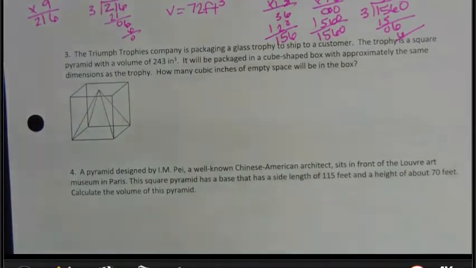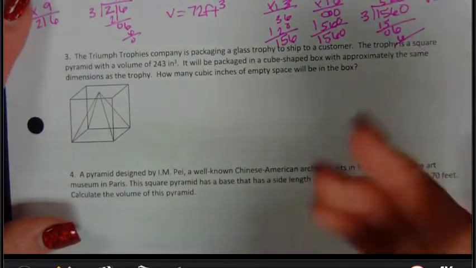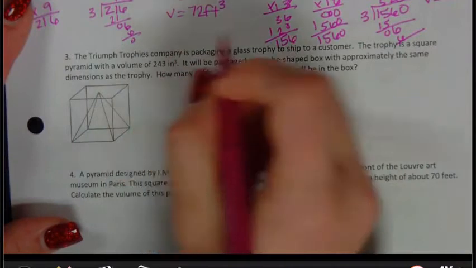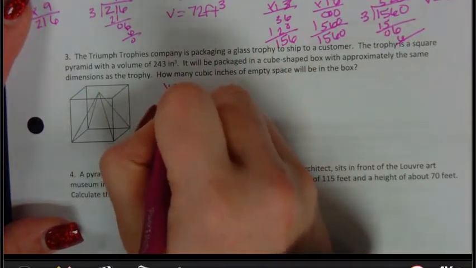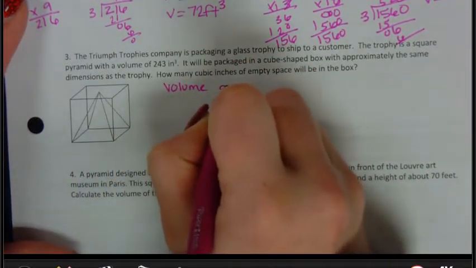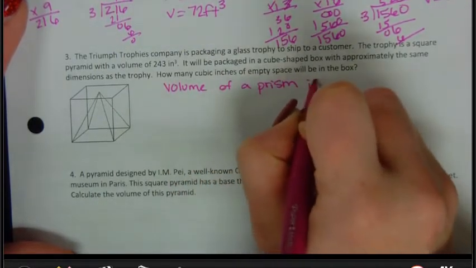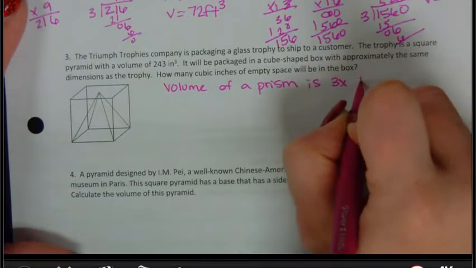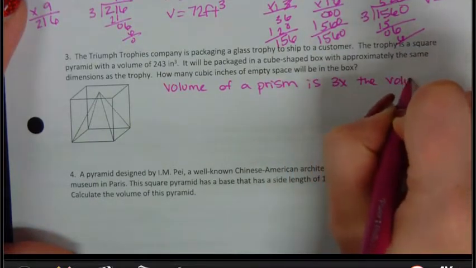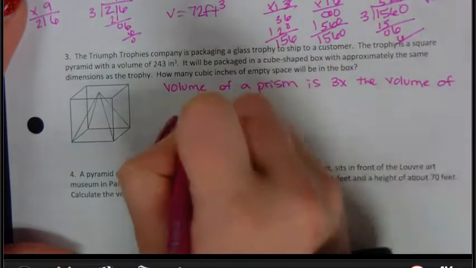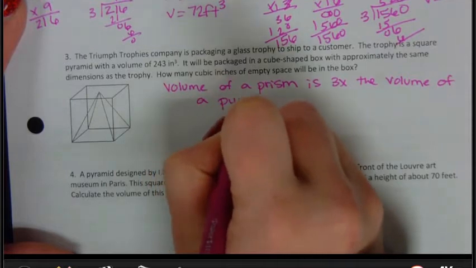Okay, if you guys remember back from a few days ago, the volume of a prism is 3 times the volume of a pyramid.